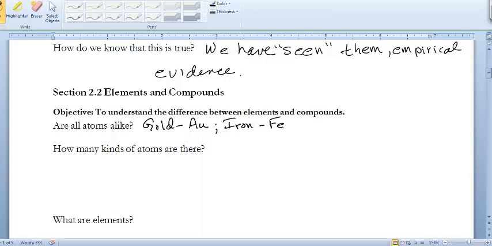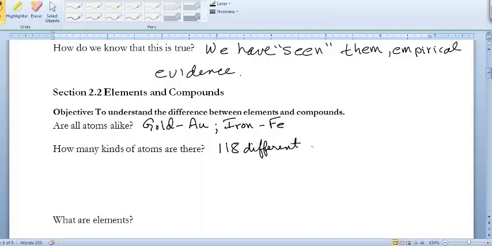These are two of the types of atoms that have unusual symbols for their name, and there are many actually, but these are just two of them. Gold atoms are gold atoms. They are very different than iron atoms. They behave the same. And in total, there are about 118 different kinds of atoms.